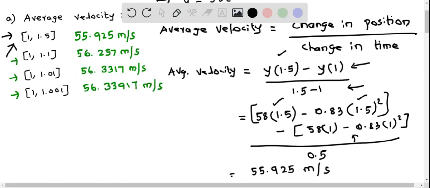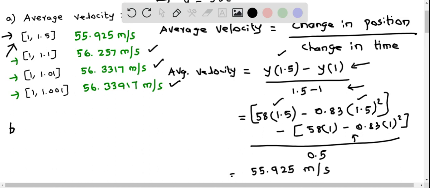So here I have calculated the average velocity for the other remaining time intervals. This is 56.257 meter per second for this second interval, and 56.3317 meter per second for the third interval, and finally 56.33917 meter per second for the fourth and final interval. So this is how we have to calculate the average velocity over the given time intervals.